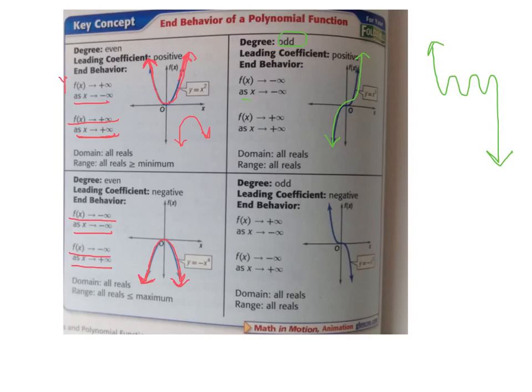Again, this means as x moves to the left, y is going down. As x moves to the right, y is going up. So that's end behavior, what is happening at the ends of the function. Take a look at it, think about it, but that's all I have to say.